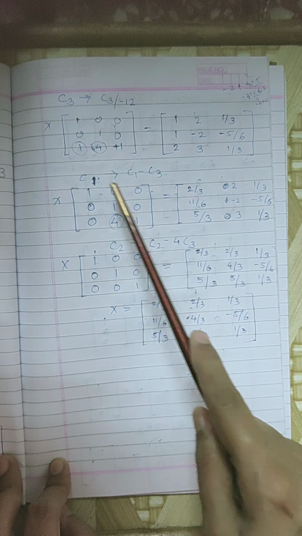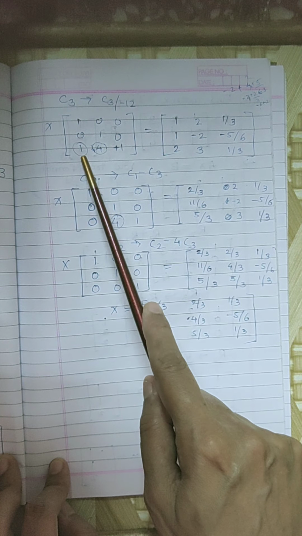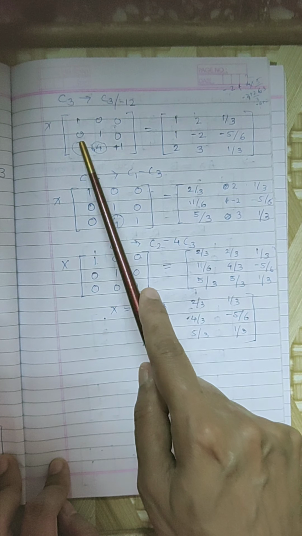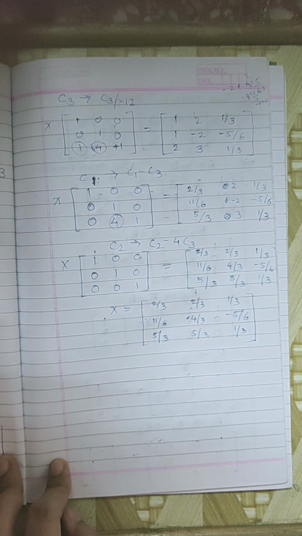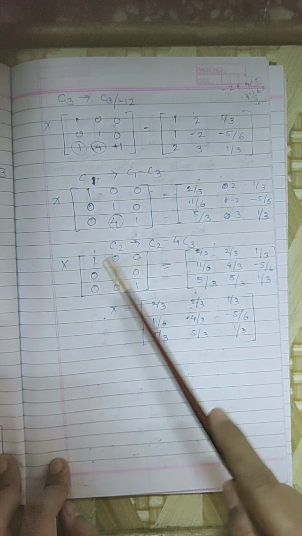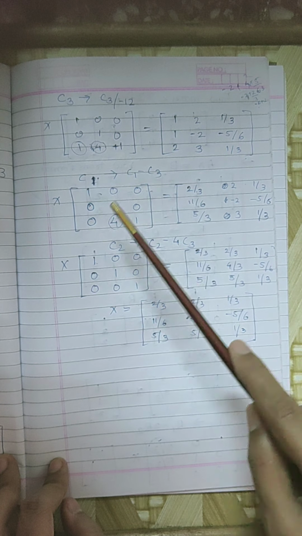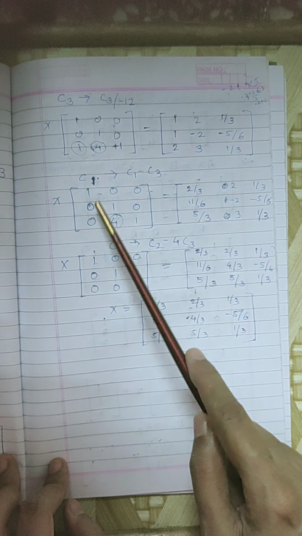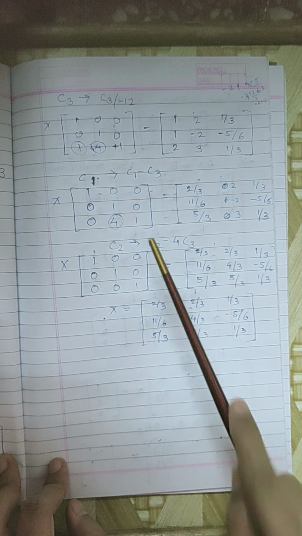So C1 changes to C1 minus C3. C2 and C3 write down as it is on both sides, and 1 minus 0 is 0, 0 minus 0 is 0, and 1 minus 1 is 0. This 2 as it is.